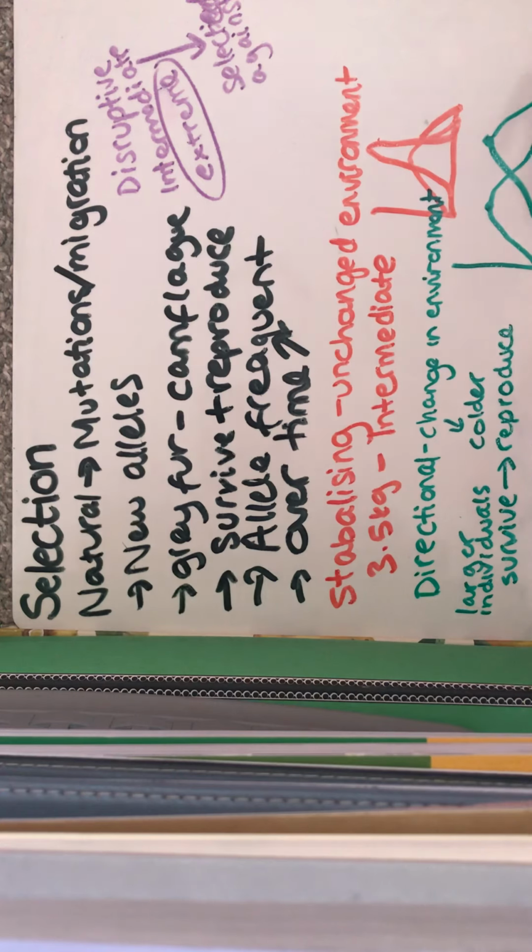So if there was a population of rabbits, for example, where some have black fur, some have white fur, and some have grey fur, and they're living in an area where the grey fur is the best camouflage by blending in to the background, more of these grey furs would escape predation and survive to reproduce.